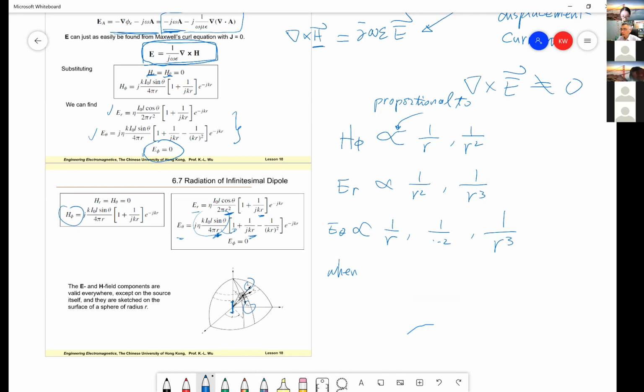Because we are always dealing with kR. The kR is 2 pi times R divided by wavelength.